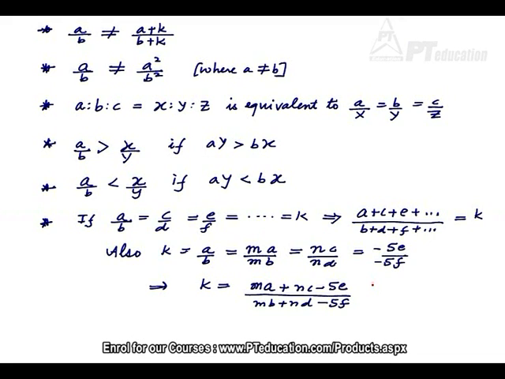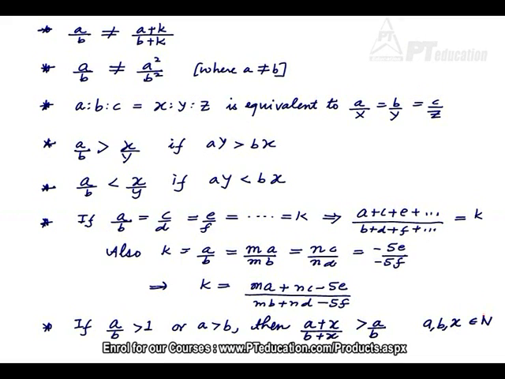But we know k is a/b, and by the theory of equivalent fractions, a/b can be ma/mb, can be nc/nd, can be -5e/-5f, and so k can be (ma+nc-5e+...)/(mb+nd-5f+...), etc. An interesting result indeed.